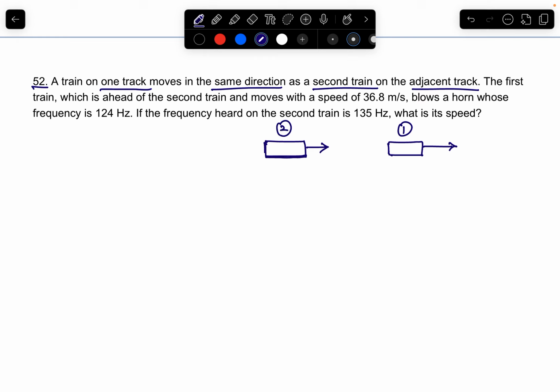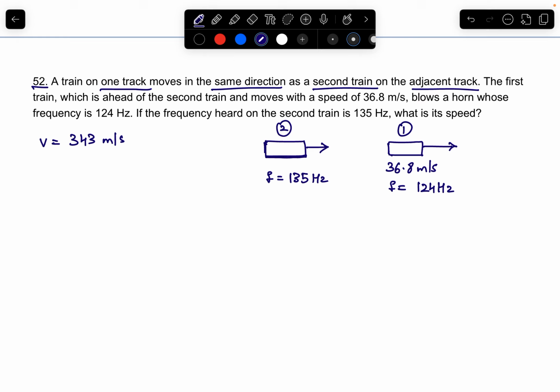The train ahead of the second train moves with a speed of 36.8 meters per second and blows a horn whose frequency is 124 hertz. If the frequency heard on the second train is 135 hertz, what is its speed? So the given things are here. Firstly, the speed of sound is 343 meters per second.